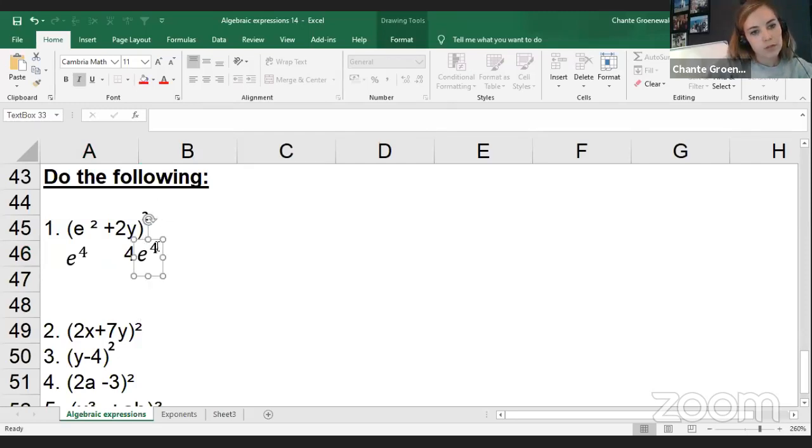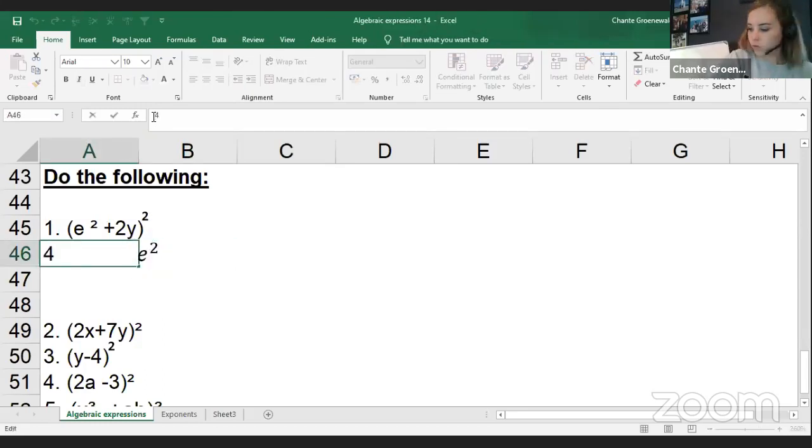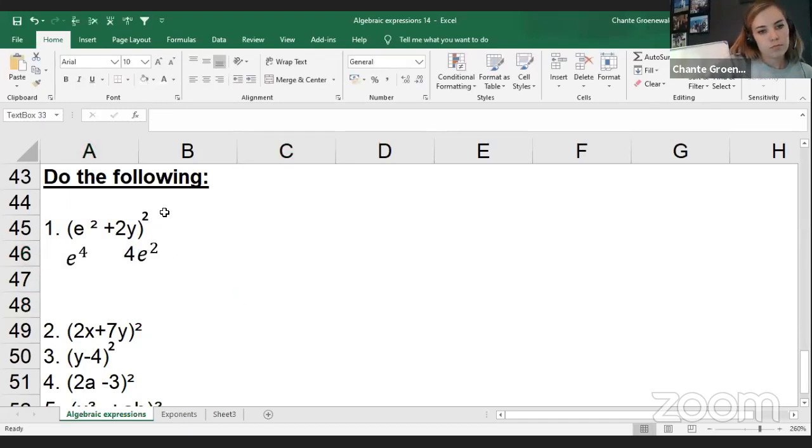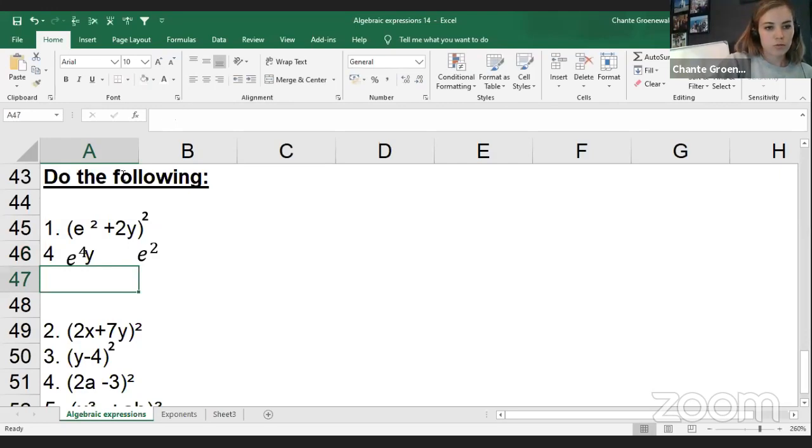Okay, just here. Can you see to the power of 2? Let's see if that works. Okay, no.